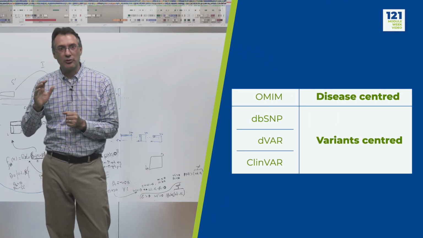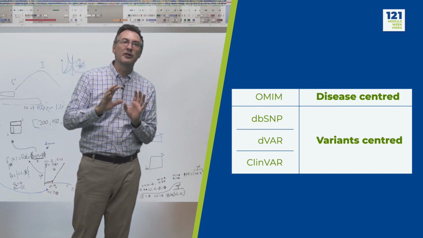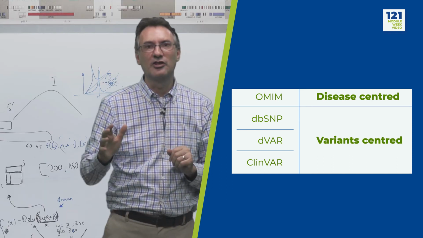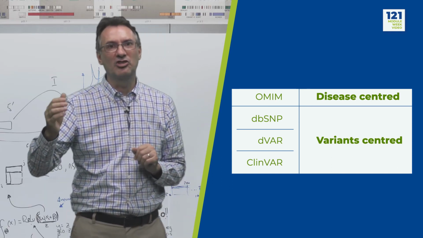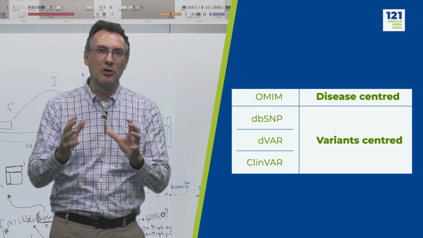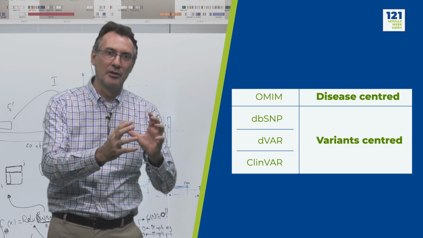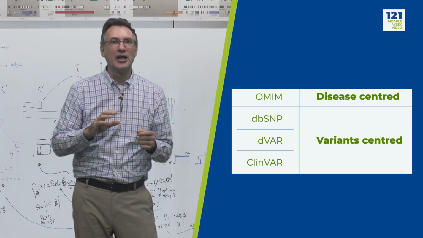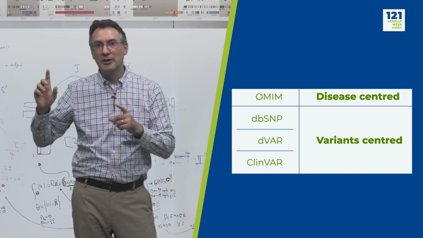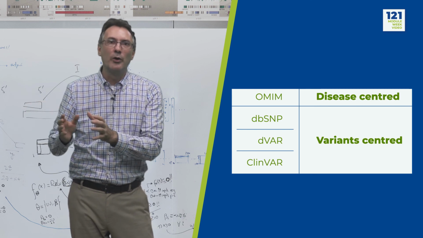It is also worth stressing that even though their content tends to be similar, the philosophies of these databases are a bit different. For instance, OMIM is a disease-centered database and will therefore be as complete as possible with respect to the number of diseases it covers. But it may not include all the rarest variants, and some may only be available in dbSNP, dbVar, or even in ClinVar.